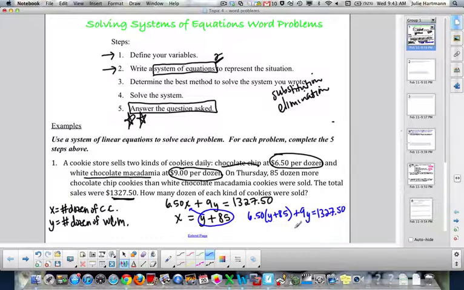To solve that, you get 6.50y plus 552.50, okay, that's when you distribute, plus 9y equals 1327.50. Minus the 552.50.